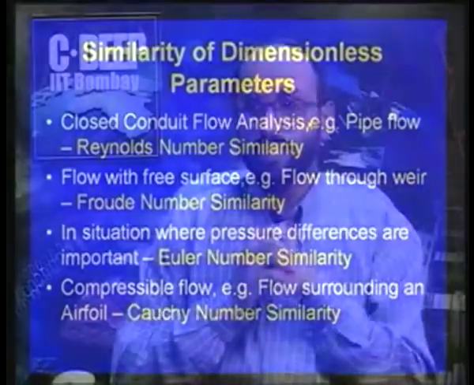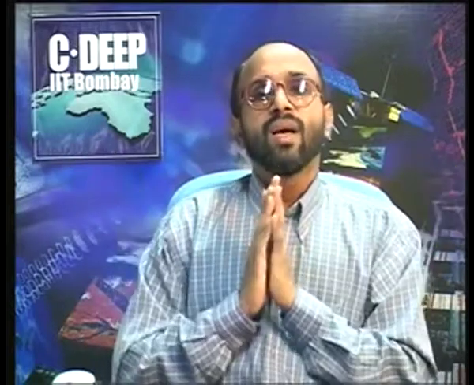While doing all this, the similitudes are considered depending upon the problem. We have seen earlier a number of dimensionless numbers like Reynolds number, Froude number, Weber number, Euler number, etc. So we consider these dimensionless numbers, and then we can derive similarity with respect to them depending upon the type of problem.